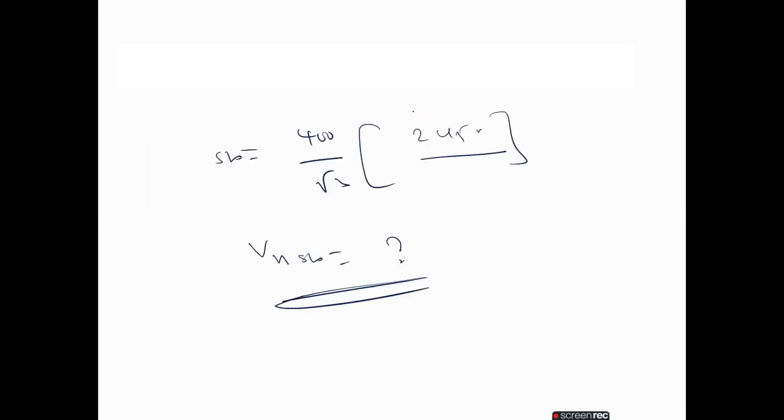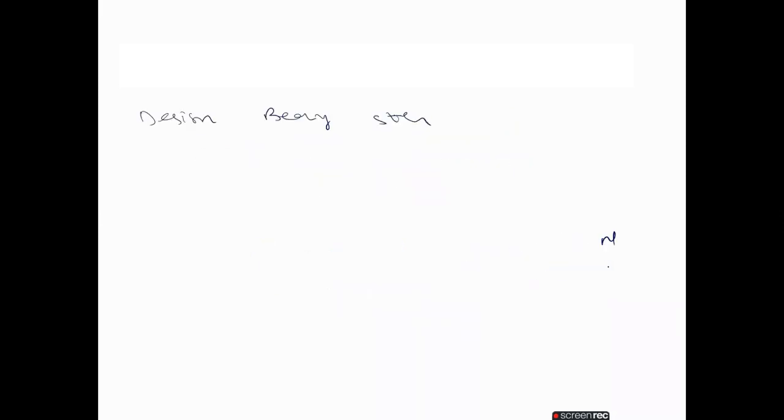So V_dpb means the design bearing strength formula. If you observe, the next step is the design bearing strength. So the value we got here is around 45272 newtons. Okay.